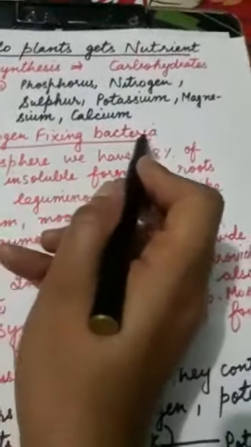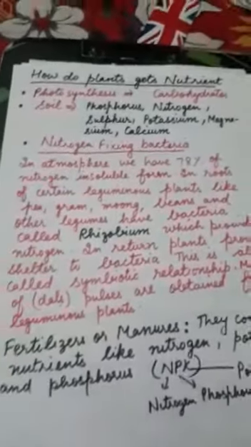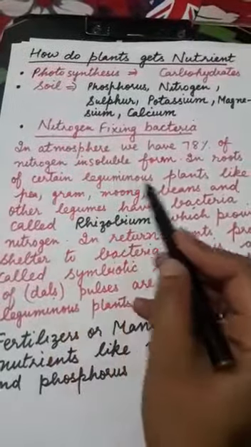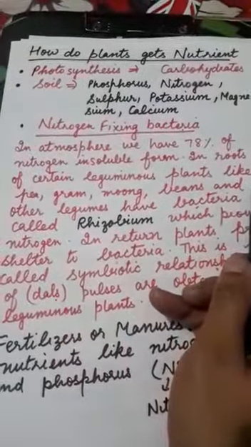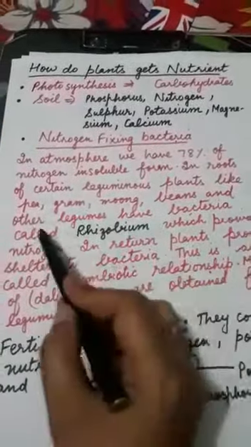Now where is this bacteria present? This nitrogen fixing bacteria is present in the roots of certain leguminous plants like pea, gram, moong, beans and other legumes.